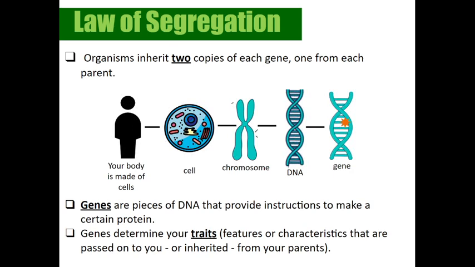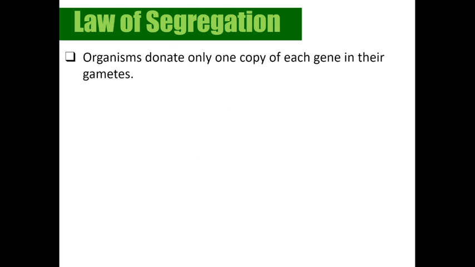And genes are just pieces of DNA that provide instructions to make a certain protein. So, genes are what determines the traits, which are the features or characteristics that are passed on to you or inherited from your parents.